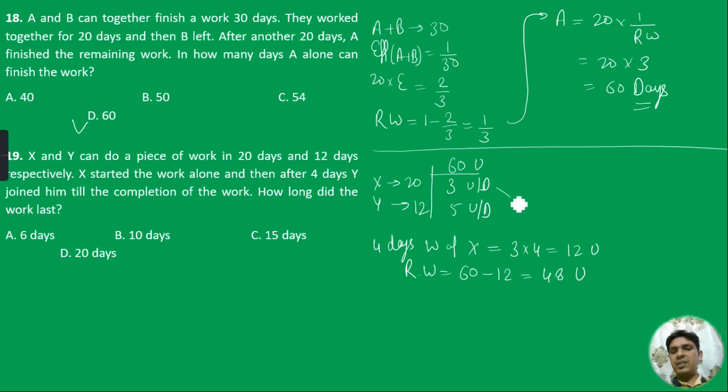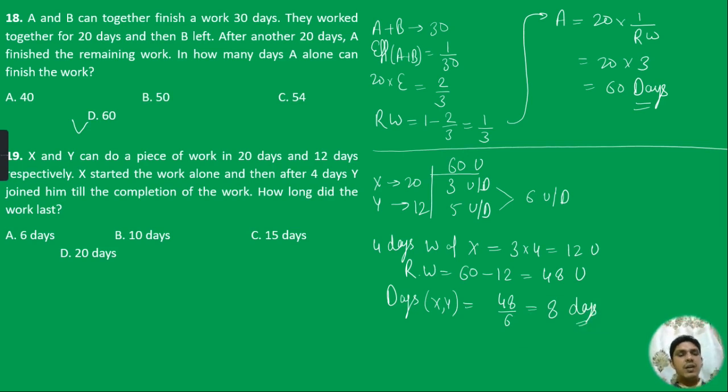How much work can X and Y do together in 1 day? 5 plus 3, that is 6 units per day. Then the number of days taken by X and Y to complete the remaining work will be 48 divided by 6. This will be 8 days.